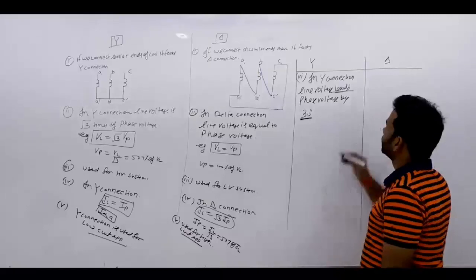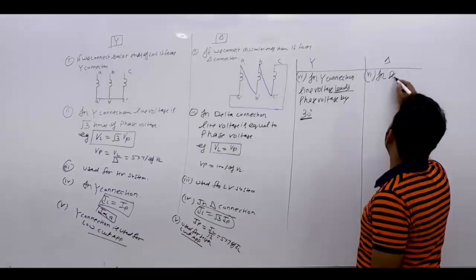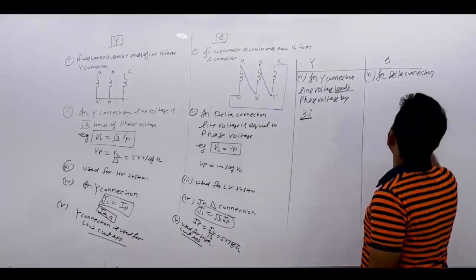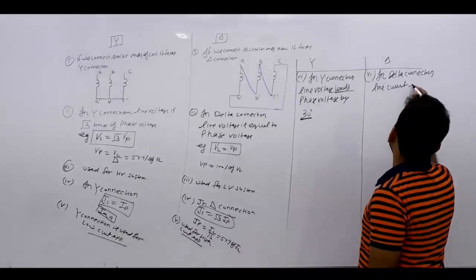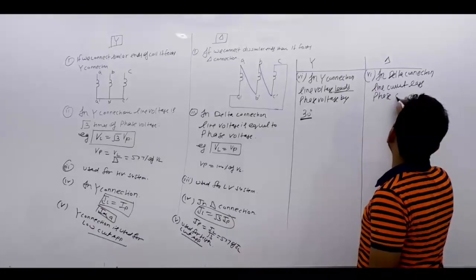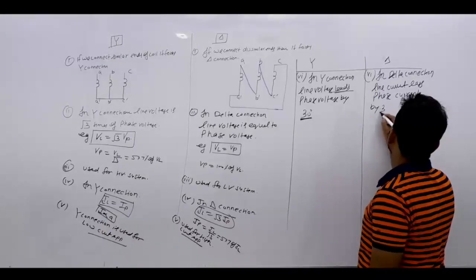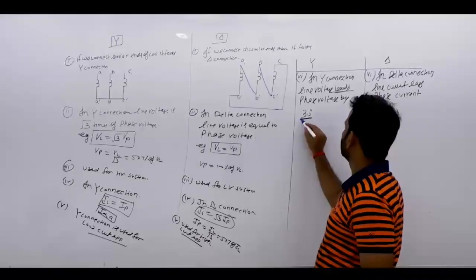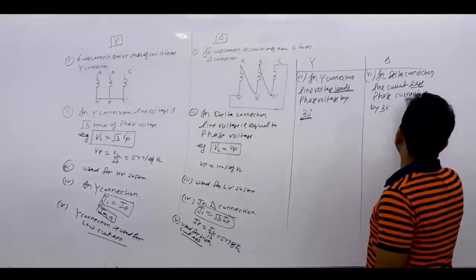Similarly, in the sixth point, in delta connection, line current lags phase current by 30 degree. So the important thing is what? Here the word is lead by 30 degree and here the word is lags by 30 degree.